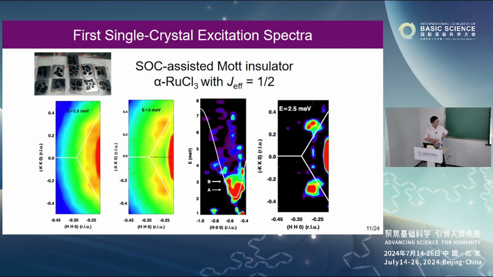It has a gap of about 2 meV, and the band top is about 7.5 meV. And the spectral weight is mostly concentrated around the endpoint, which is consistent with the antiferromagnetic order.